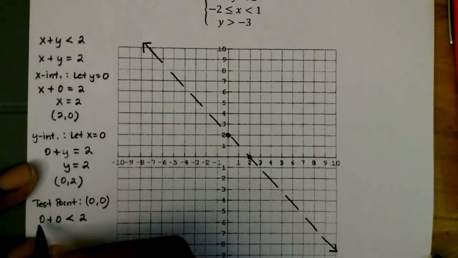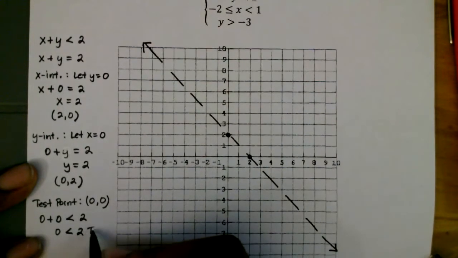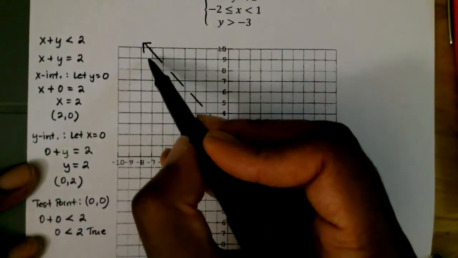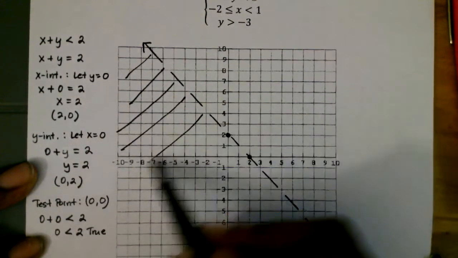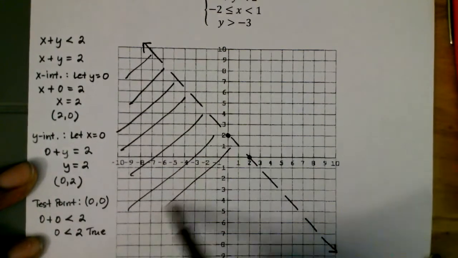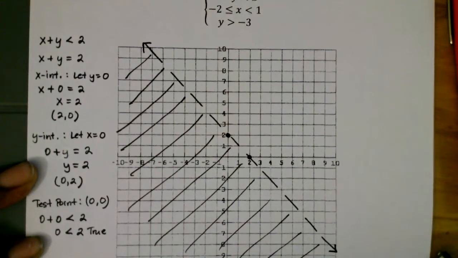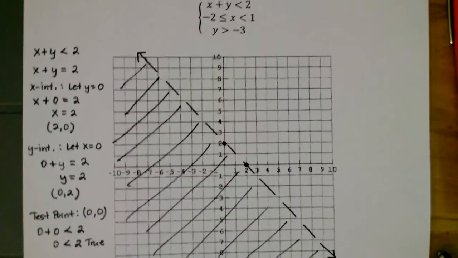And that's going to be less than 2. 0 plus 0 is 0, which is less than 2. And that's true. So I know I'm going to be shading the region below, and it contains the test point. Okay. So that's for the first inequality.